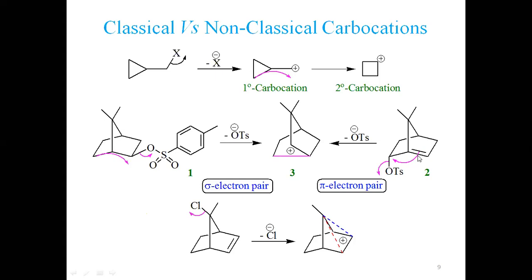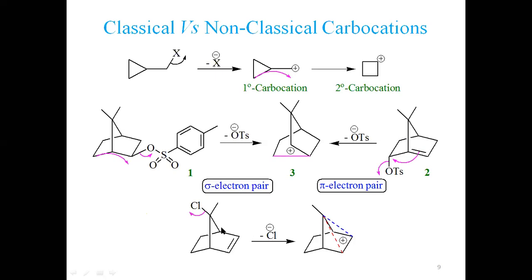Then again the positive charge shall be balanced with this to generate the same cation. So it is generating the same non-classical carbocation either by this protocol or that protocol. Here sigma electrons are transferred, although pi electrons are involved, but this is still called non-classical. In a bicyclic or polycyclic system, it is called a non-classical carbocation.